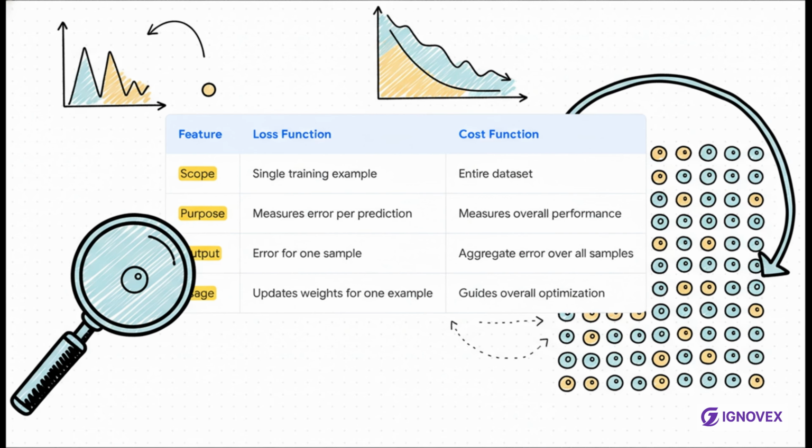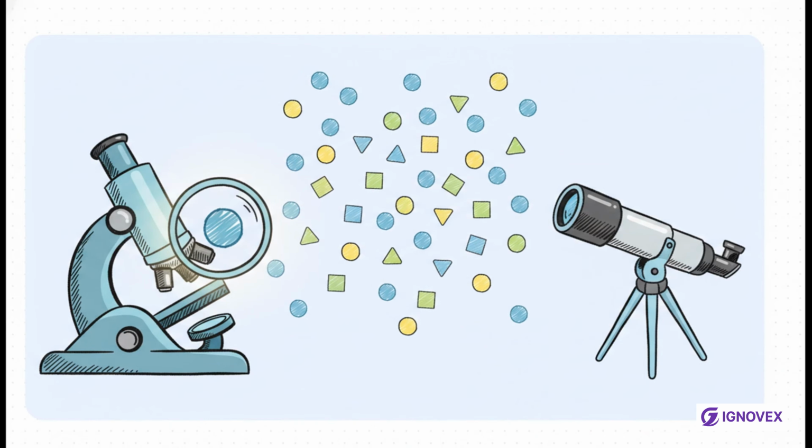It's the final grade on its report card. So let's just lock this in one more time, because it's so important. Loss is the microscope. It's for getting up close and personal with individual mistakes. Cost is the telescope. It's for judging the overall performance from way up high. And you absolutely need both to build a good model.